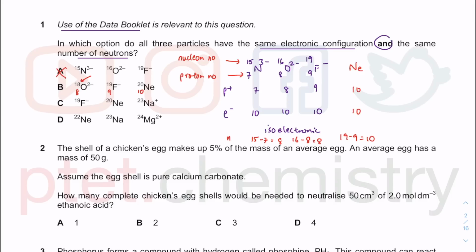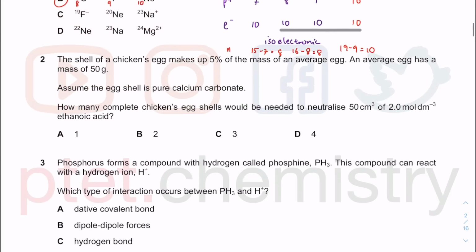So this one has 10 electrons, which is the same number of electrons as O2 minus, because the number of neutrons, even though there is more neutrons in oxygen 18 than oxygen 16, does not affect the number of electrons whatsoever. So 10, 10, and 10, including that for neon. Fully filled out shell, same electronic configuration as a noble gas there. B is our answer because it satisfies not only the first condition, but the second condition, number of neutrons there.